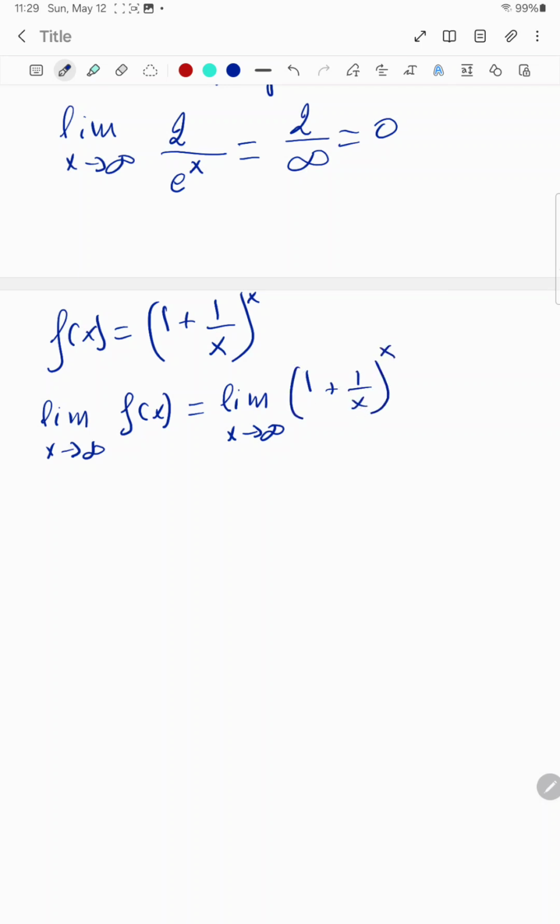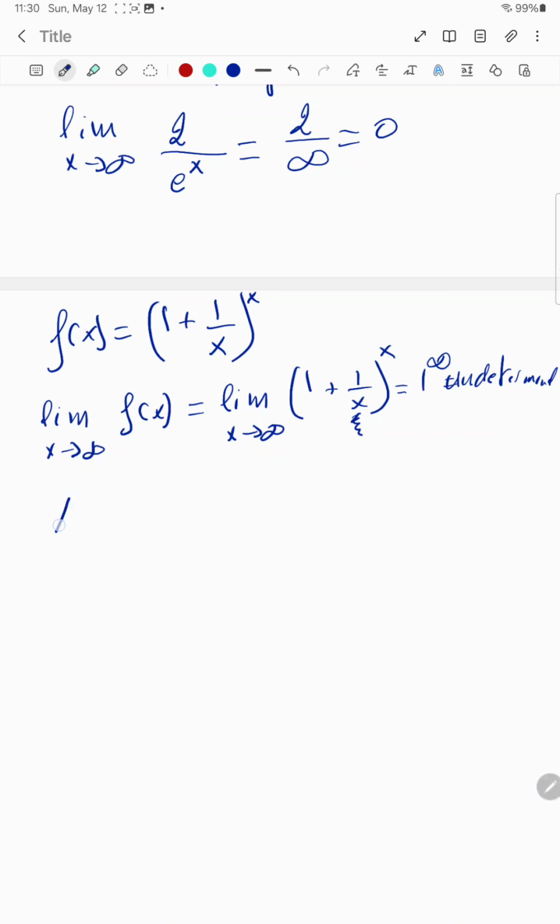Here, when x goes to infinity, 1 divided by infinity is 0, and I would have 1 to the power of infinity, which is undetermined. So now I know my equality is sacred. Whatever I do on the left hand side of the equality, if I do it on the right hand side of the equality, I maintain the integrity of my equality.